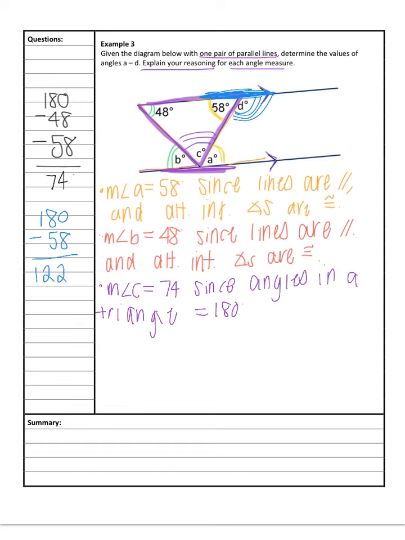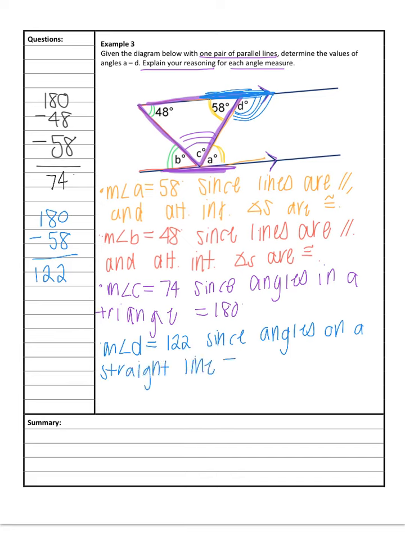So our fourth and final angle here, the measure of angle D, is 122, since angles on a straight line equal 180 degrees.